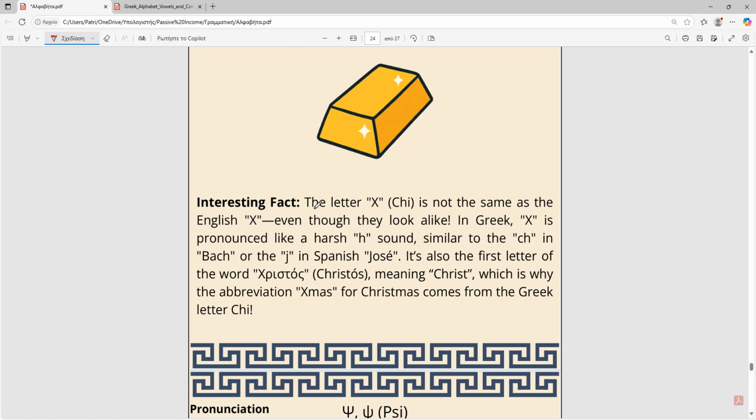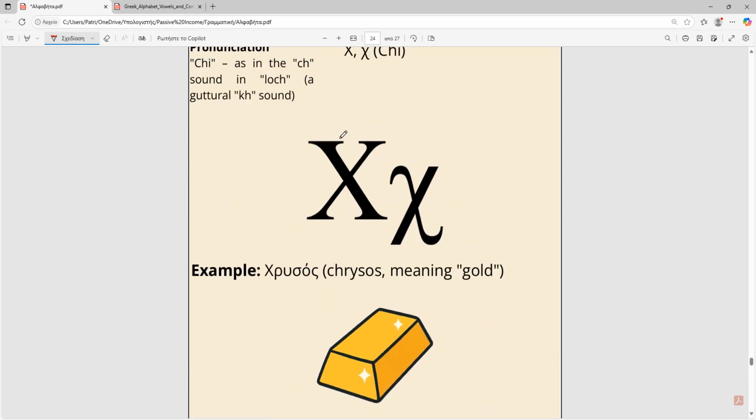In Greek, he is pronounced like a harsh h, a sound similar to the ch in Bach, the famous composer, or the j in Spanish, Jose. It is also the first letter of the word Christos, meaning Christ, which is why the abbreviation Xmas for Christmas comes from the Greek letter he. Okay, very interesting to know. Okay, Christmas. Okay, and he, this one.